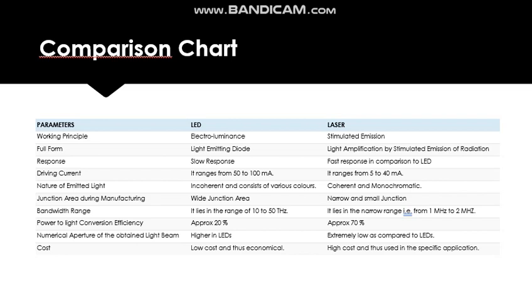Numerical aperture of the obtained light beam: higher in LEDs, extremely low in lasers as compared to LEDs. Cost: LED has low cost and thus is economical, laser has high cost and thus is used in specific applications.